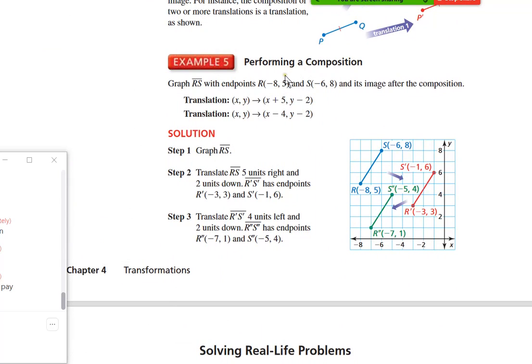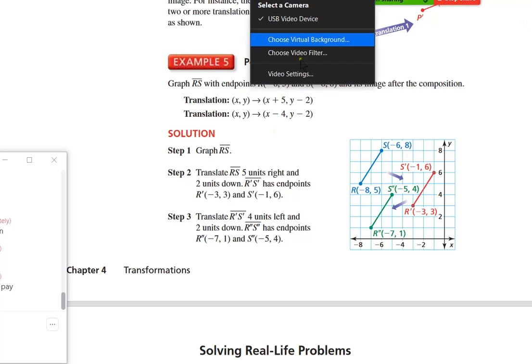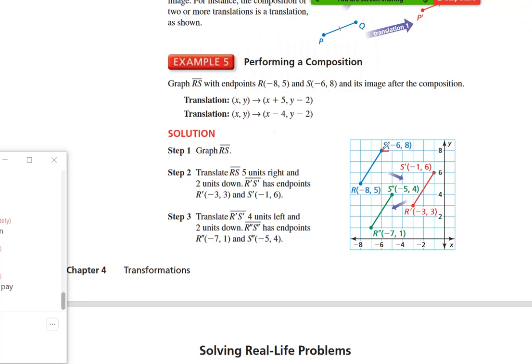So here's a composition. They started with RS, and then going from here to here. Notice how you go, I'll draw this again. We go there to go from S to S prime. That's 1, 2, 3, 4, that's 5 and -2, right?